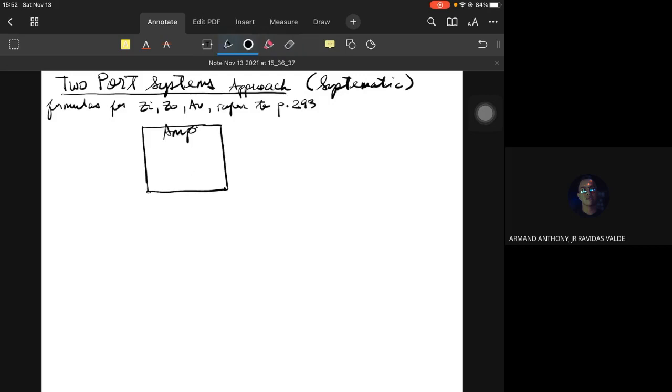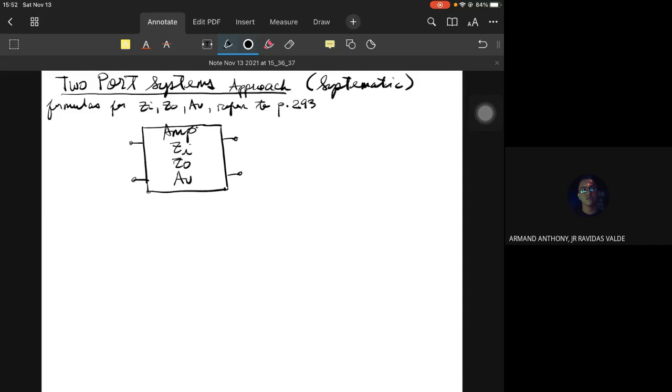So it is just a black box, and we communicate with our system through its inputs and outputs. Here is the input, and here is the output. It will be characterized by its system parameters: input impedance, output impedance, and voltage gain, which we discussed.